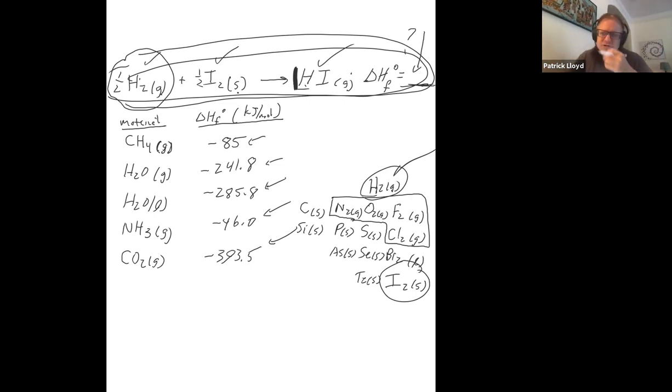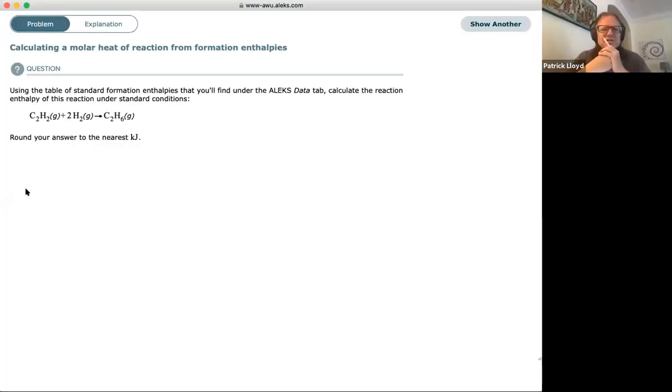So that kind of introduces us to the last issue here. So let me show you this problem here. Which says, using the table of standard formation enthalpies that you'll find under the ALEKS data tab, calculate the reaction enthalpy for this reaction under standard conditions.